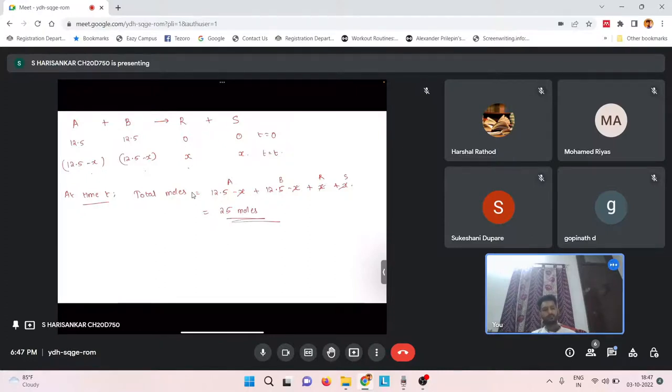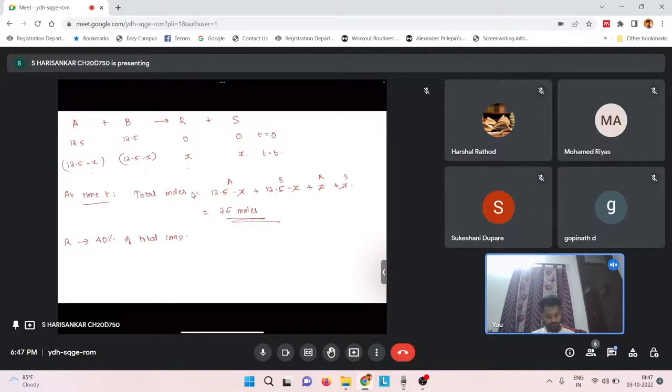Okay. Now they have asked us to find the time at which R starts condensing. And the other data that they have given is that when R is 40% of total composition, it will start condensing.